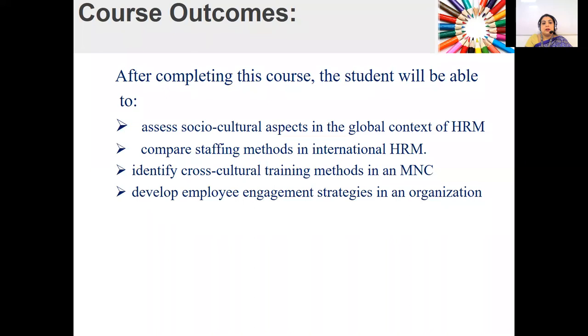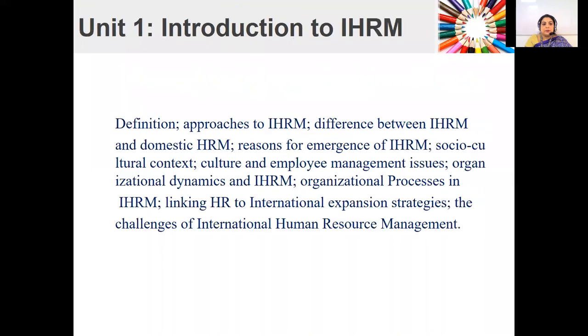The first thing we want the students to be able to do is to assess the socio-cultural aspects in the global context of HRM, compare the staffing methods in IHRM, identify cross-cultural training methods in an MNC, and develop employee engagement strategies in an organization. So, after completing your course, as a student, you should be able to understand the different aspects of IHRM.